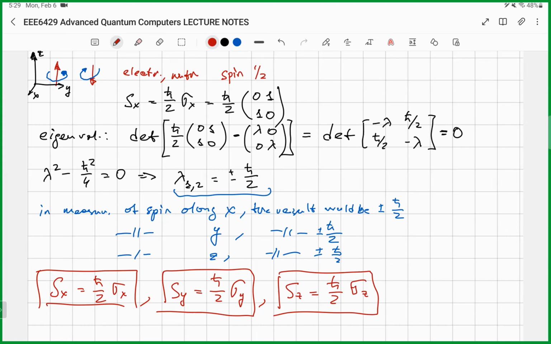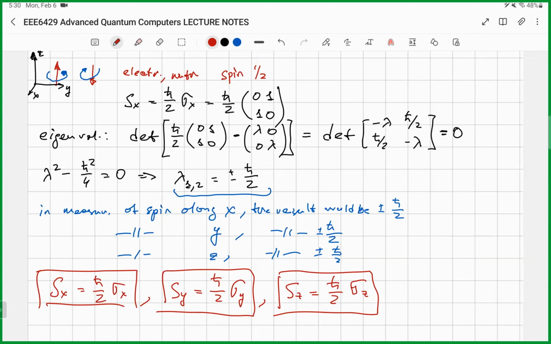And of course, there are some complex systems like molecules consisting of many particles, right? Then you have to sum up all the spins of all the constituting elements, and then you'll have something different.